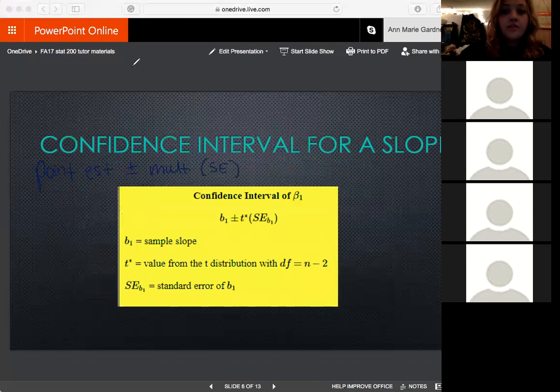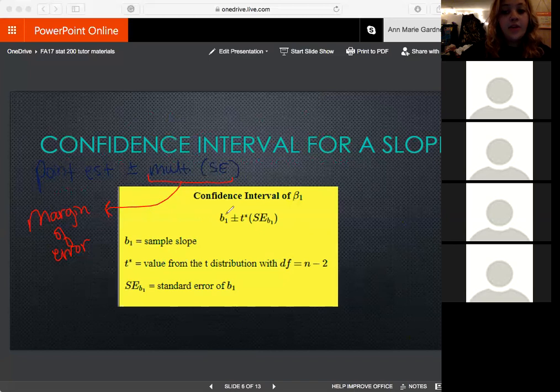And keep in mind that this entire right side of the equation is going to be equal to our margin of error. So this is our general equation for a confidence interval.